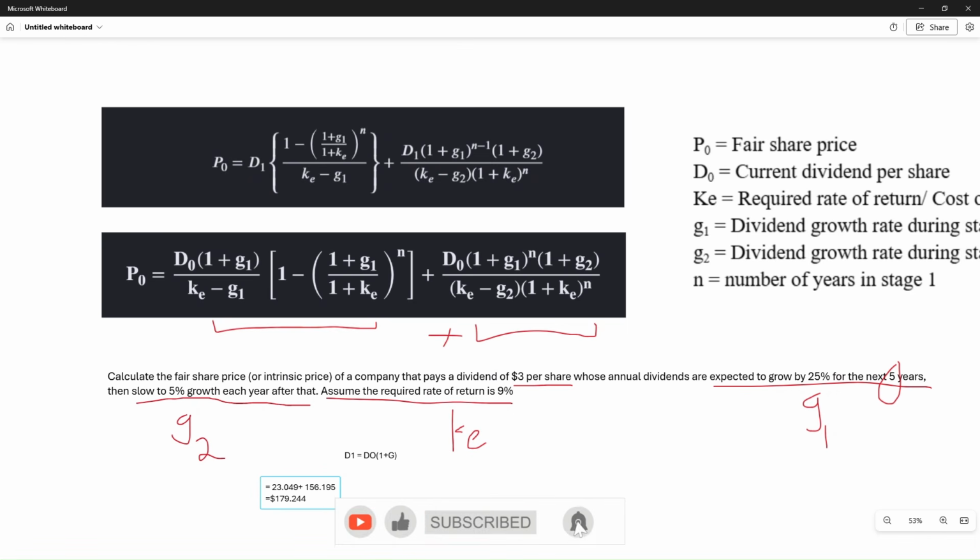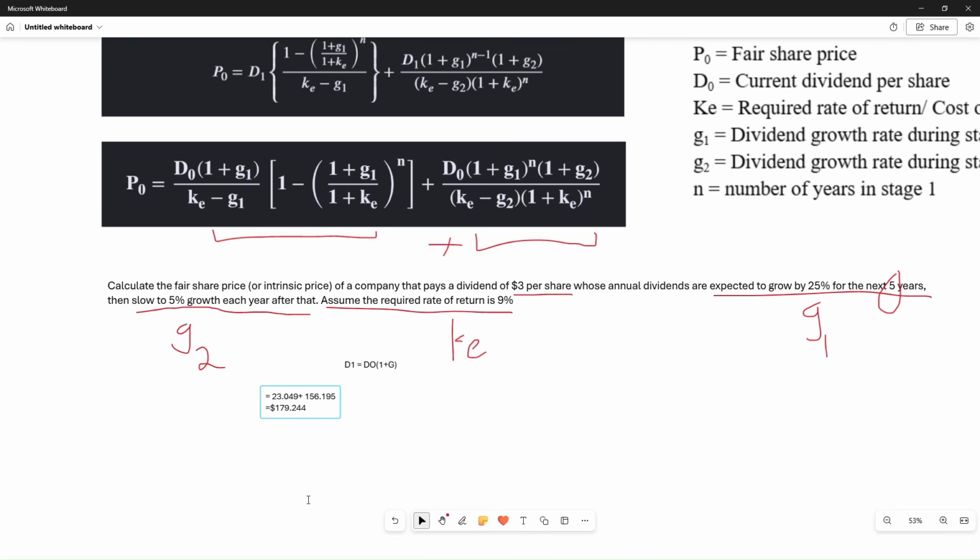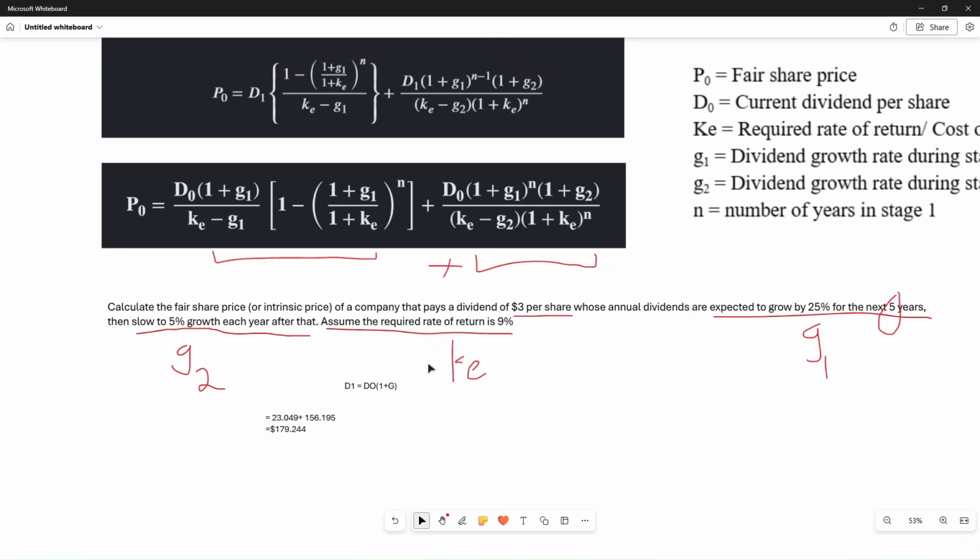Now there are other methods apart from this in which you can get your fair share price, but that's a bit cumbersome. You need to get D1, D2, D3, D4, and D5. You project that, you grow that. So you need to get D1, D2, D3, meaning D0 plus 1G.